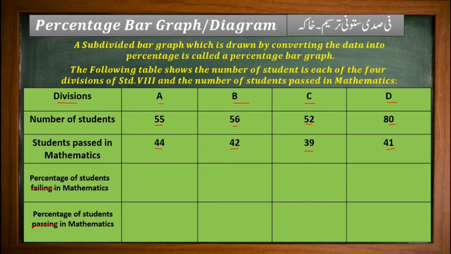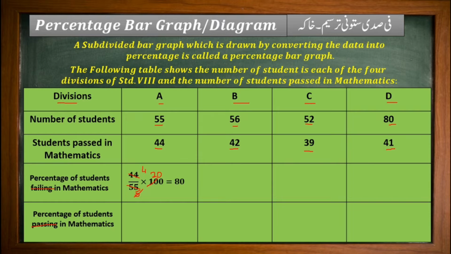So here it is 44 upon 55 into 100, so the percentage is 80. You know how we got that. 11 fours are 44 and 11 fives are 55. 5 twos are 10, then you will see here will be 0.